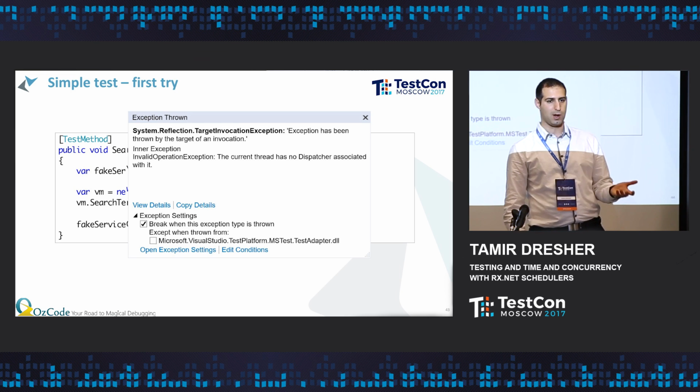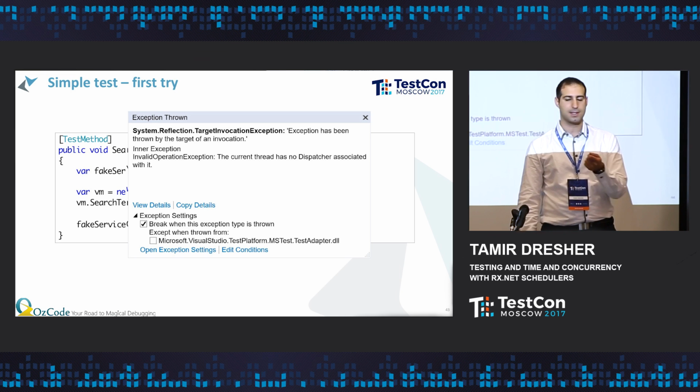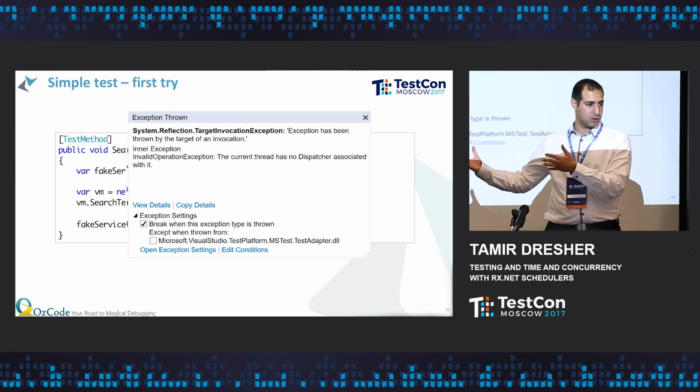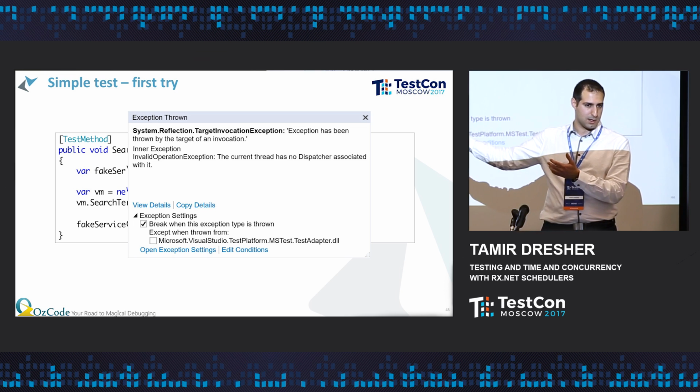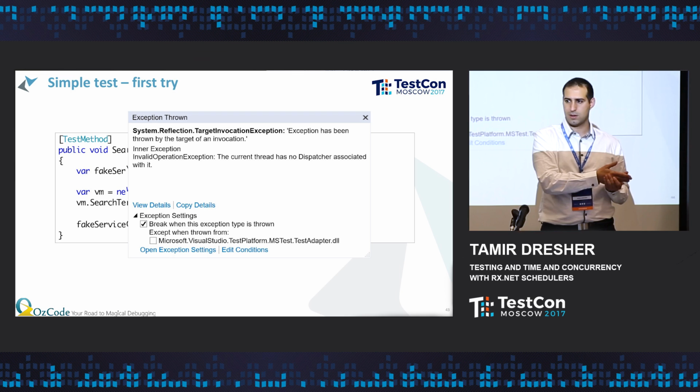Unfortunately, we will have a few problems with the code as it is written, because it still doesn't provide my scheduling and my scheduler for abstracting the concurrency. So right now my code is doing something asynchronously. I have no control over it, and it tries to go back to the UI thread, which I don't have inside my test.